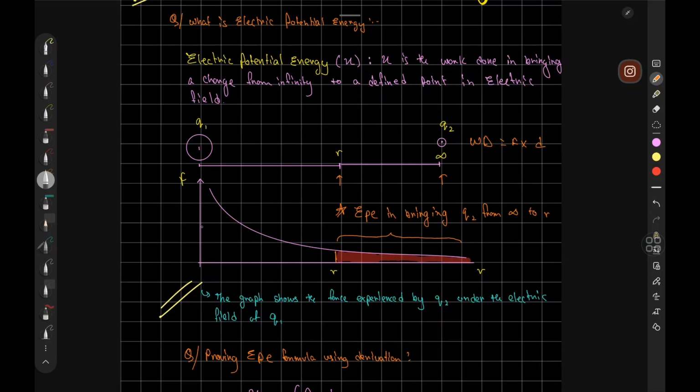On this axis you have the force exerted by q1, and on this axis you have the distance covered from infinity, right? Therefore, if you integrate from r to infinity, you should be getting the work done. Great. So by integrating the force and distance curve, you will figure out the work done on the charge, which is going to be your electric potential energy.